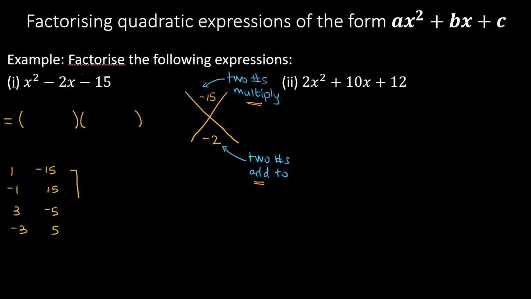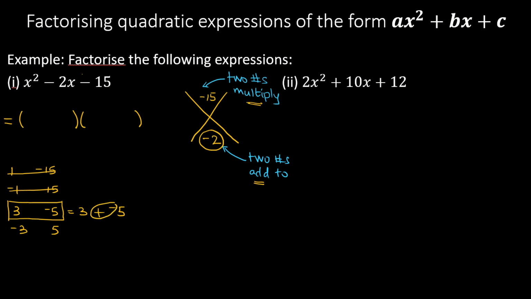From these possibilities, what are the two numbers that when you add give negative 2? Is it the first pair? 1 added to negative 15 gives negative 14. No. Is it the second one? Negative 1 plus 15 gives positive 14. No. Is it the third one? 3 added to negative 5.